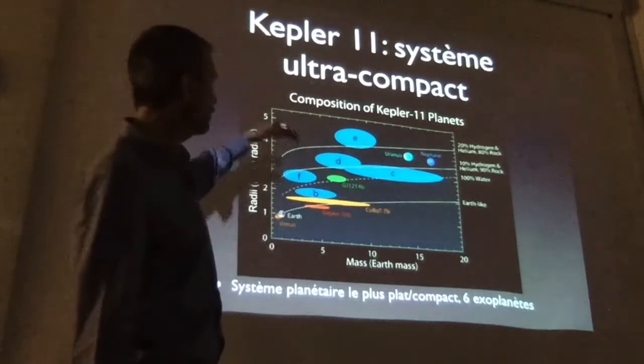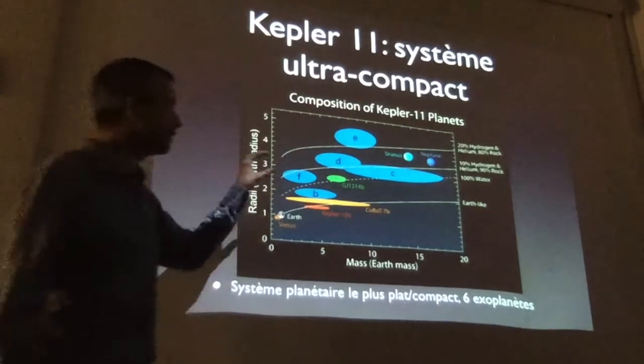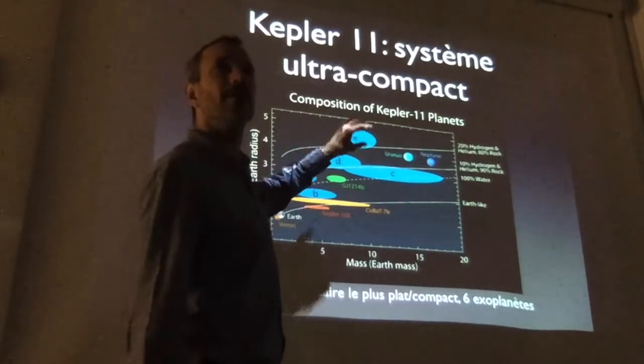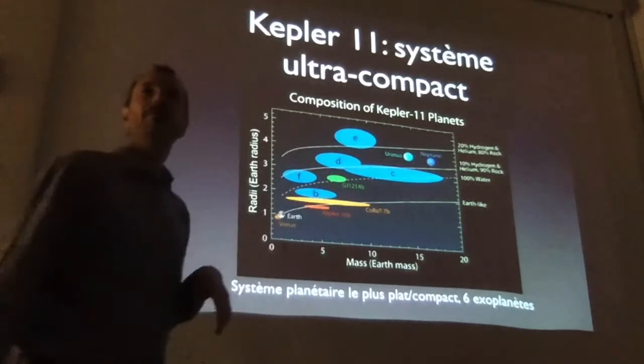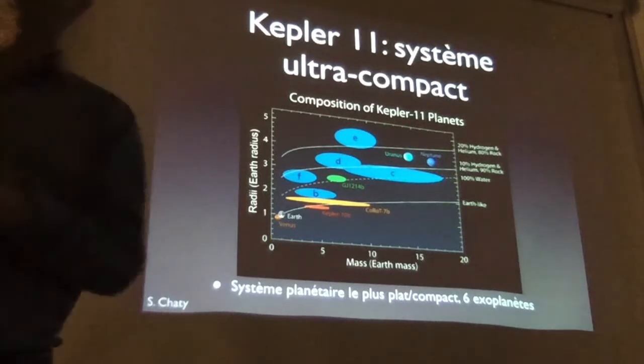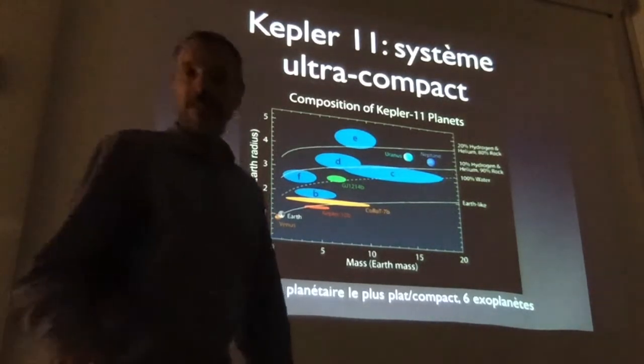And this is the radius, sorry. So this is exactly filling the gap that we have in our solar system. We have some planets here that are exactly the mass between the Earth and Uranus that we don't have in our solar system, and that we find in some others.